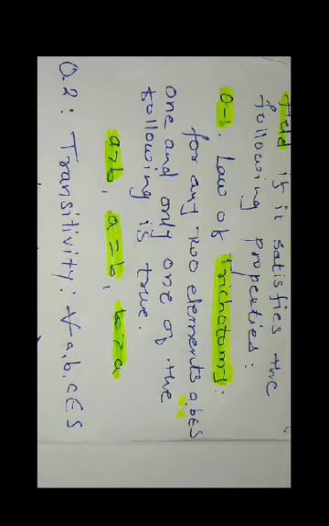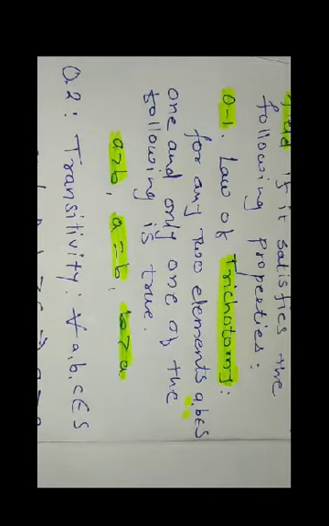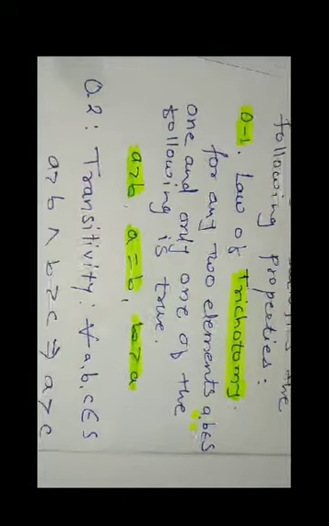That means in a field, if we choose any two elements, then exactly one relation holds: the first is greater than the second, the second is greater than the first, or both are equal. This property is called the law of trichotomy.